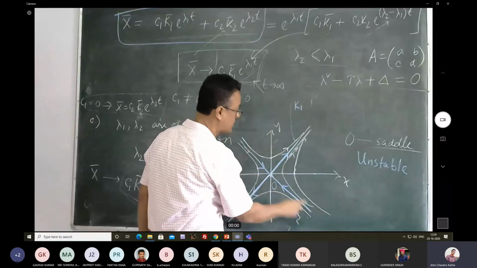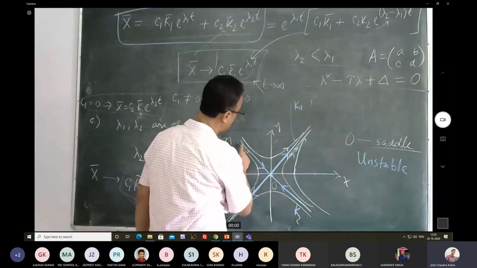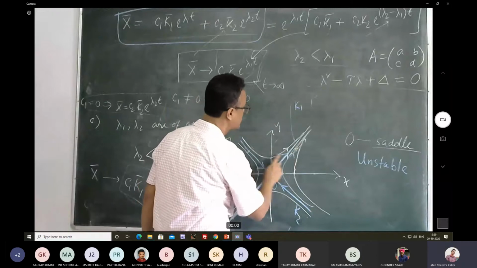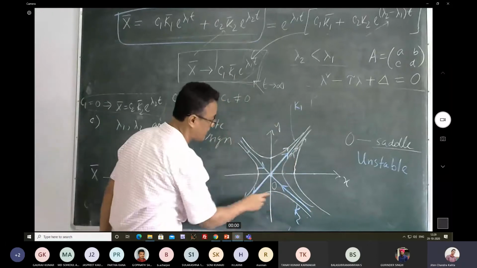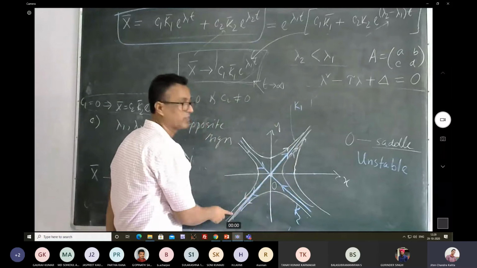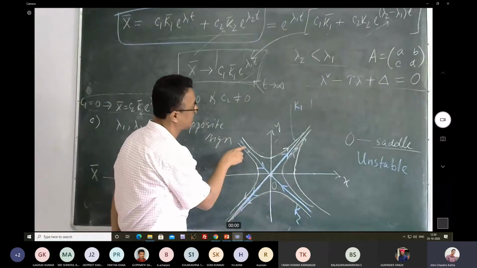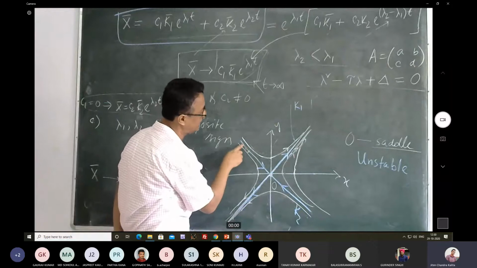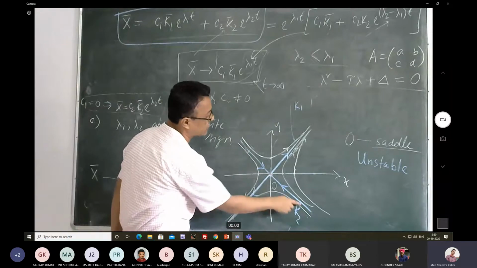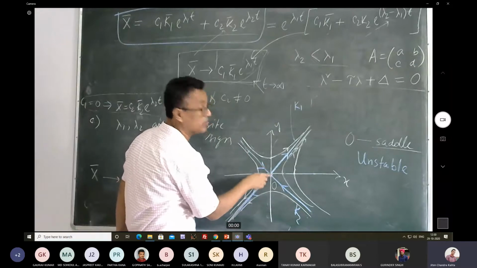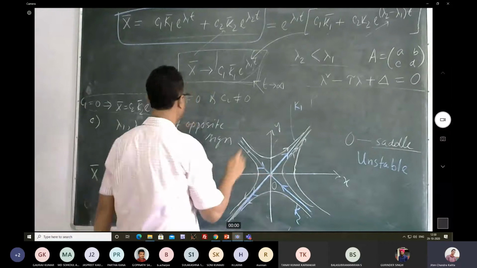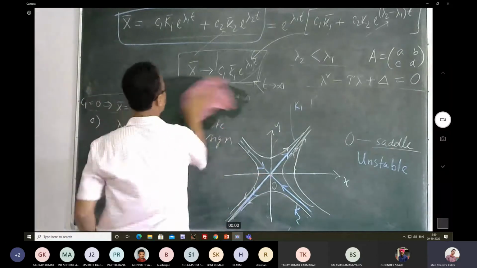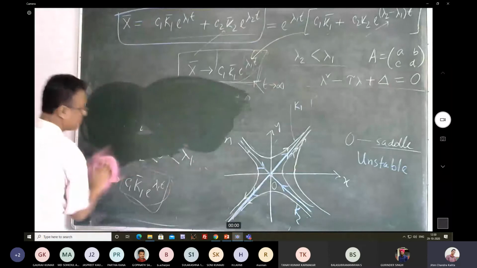All the other trajectories not originating on the line K2 are going to lean towards K1. You should remember that, because if you take an initial point here, it is always going to move along this line and converge towards 0.